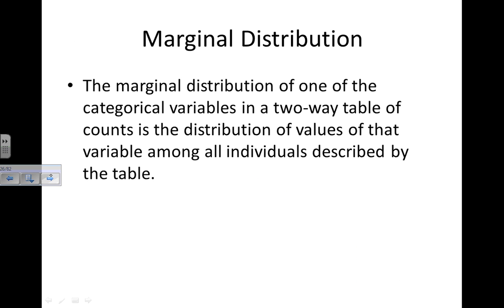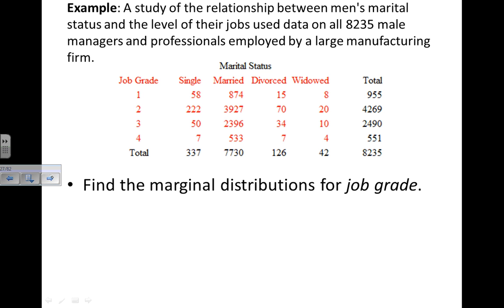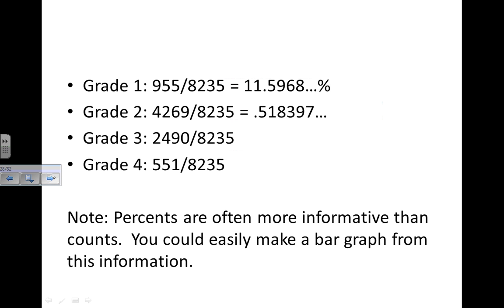All right, now the marginal distribution of one of the categorical variables in a two-way table is the distribution of values of that variable among all individuals described by the table. So here you're going to be doing it for all. So if you want to find the marginal distribution for job grade, we're going to take it for all the job grades overall.